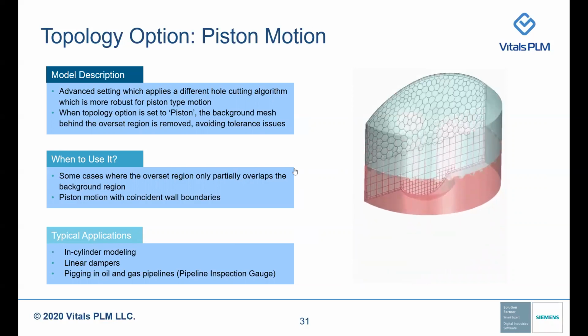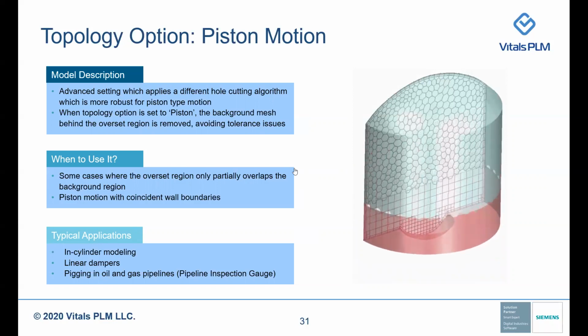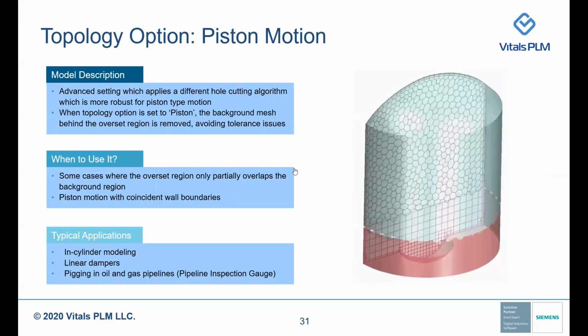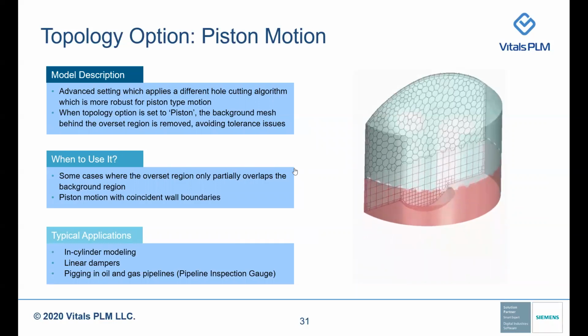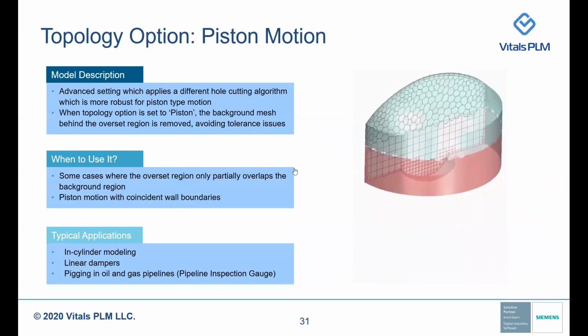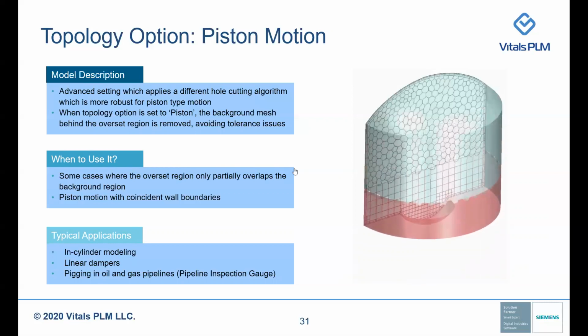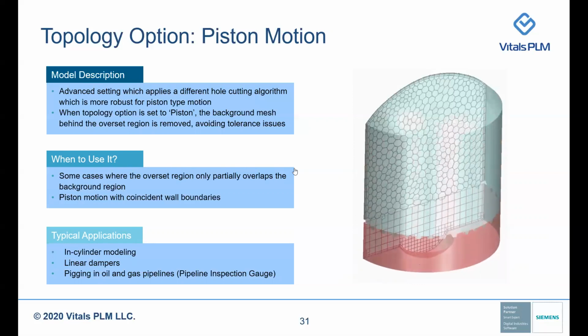Here in this case, as the piston moves from the BDC, the bottom dead center, to the top dead center, it automatically deletes the background mesh. So this is again a very useful feature for engine applications and linear dampers.